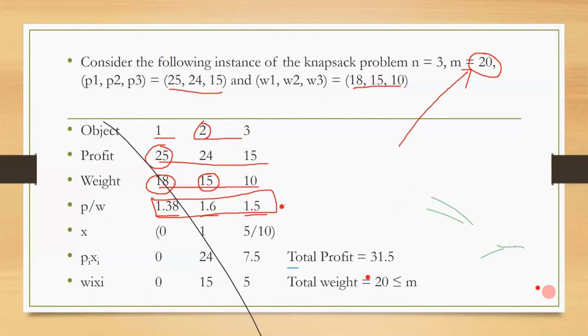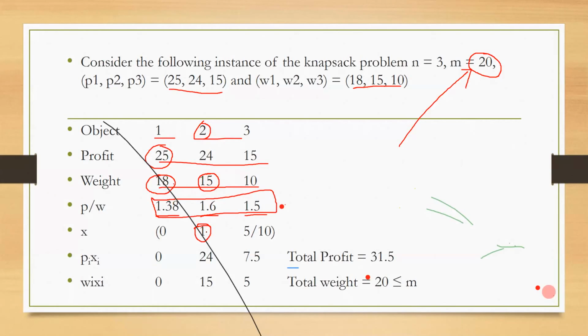The maximum size, or the capacity, of the knapsack is 20 kgs, and object number 2's weight is 15 kg. So you can put this 15 kg object in a 20 kg knapsack. That means you can take it as a whole. Since you are taking it as a whole, you write it as 1. 1 tells that you are taking object number 2 as a whole in the knapsack.